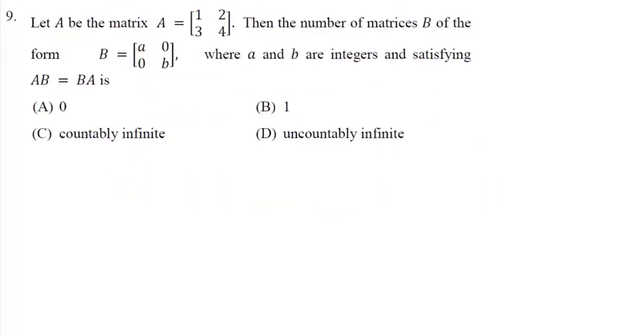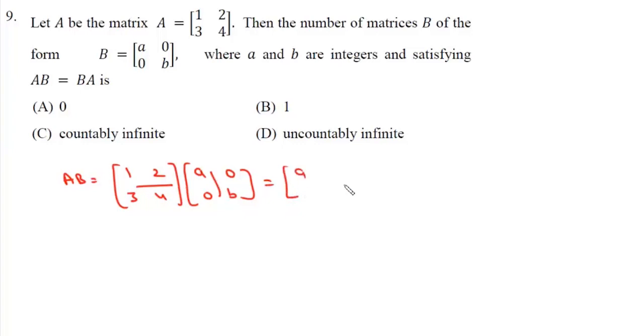Now in question number 9, we are given two matrices A and B, and it says if AB equals BA, then which of the following is correct? Now if we look at AB, it'll be [1, 2, 3, 4] into [A, 0, 0, B]. Now if we multiply them, we'll get A, 2B, 3A and 4B. And if we find BA, it will be [A, 0, 0, B] into [1, 2, 3, 4].